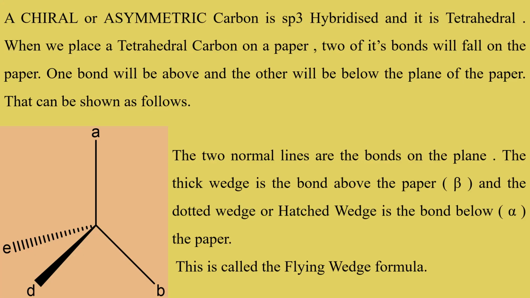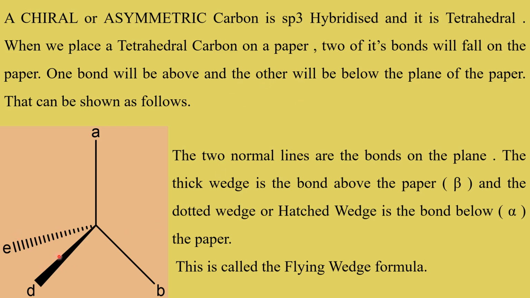A chiral or asymmetric carbon is sp3 hybridized and it is tetrahedral. As I said earlier, when we place the chiral carbon on a paper, two of its bonds A, B will fall on the plane of the paper. One bond will be above the plane and the other will be below the plane of the paper.